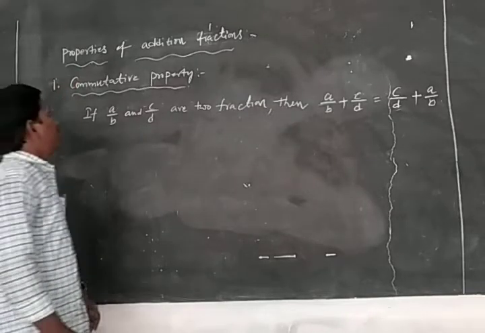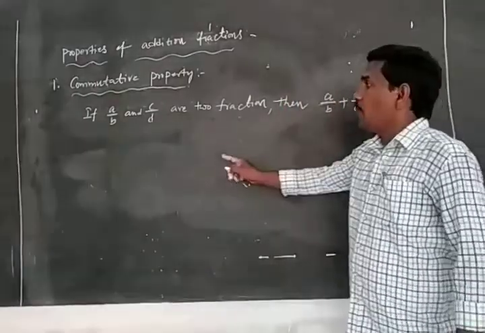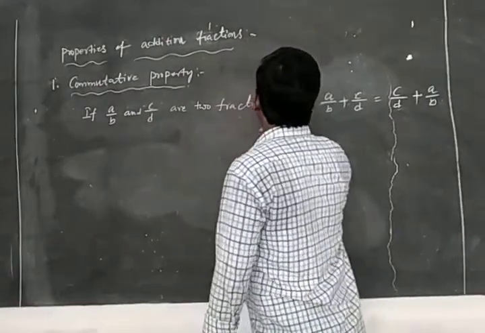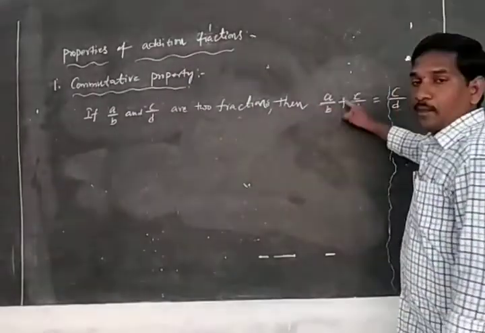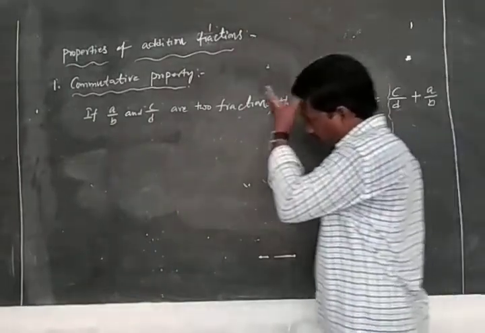The first one is the commutative property. Commutative property means if A by B and C by D are two fractions, then A by B plus C by D equals C by D plus A by B.